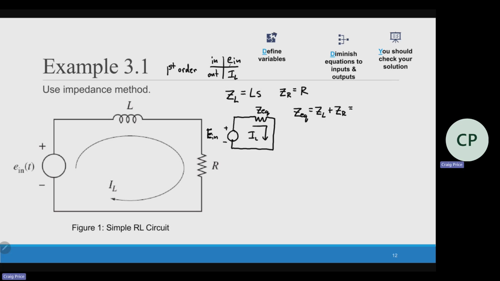I'm just going to add them up. So that equals Ls plus R. Did I lose anyone? Any questions?